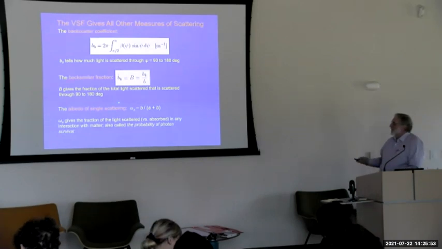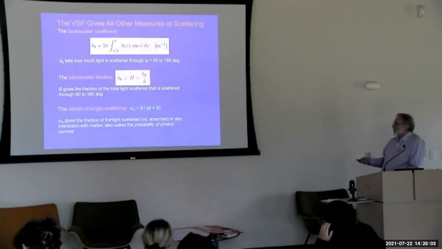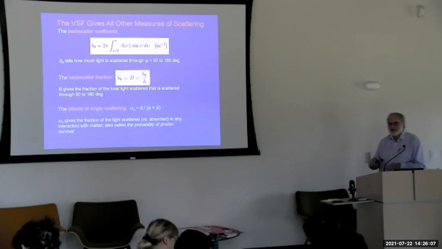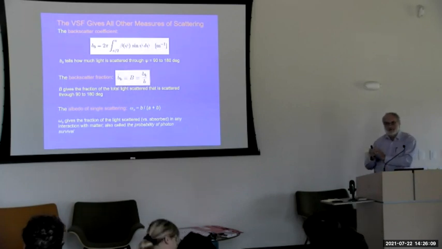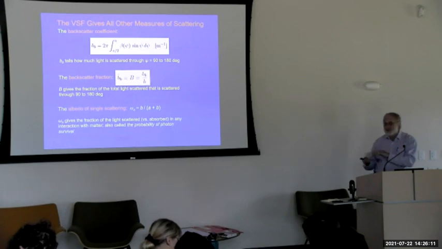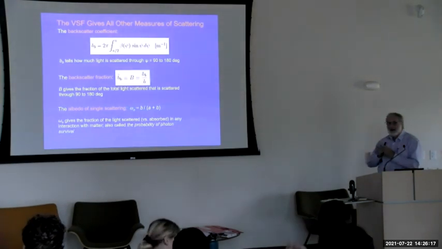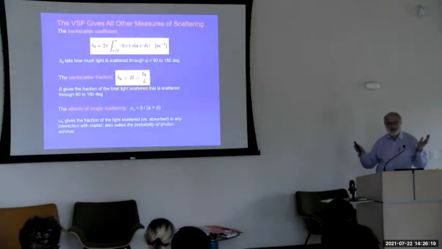Okay, there's another thing called the albedo of single scattering, which is the total scattering coefficient over beam attenuation, or absorption plus total scattering. That's often called the probability of photon survival, because if a photon interacts with a particle, it can be either absorbed or scattered. If there's no scattering, b is 0, omega naught is 0, and the photon is not going to be scattered.